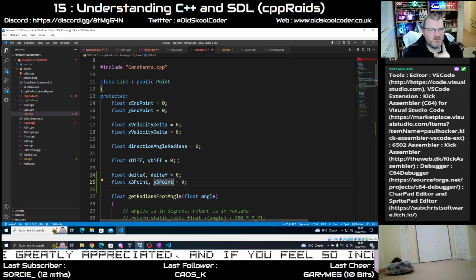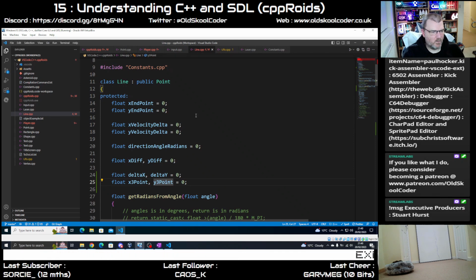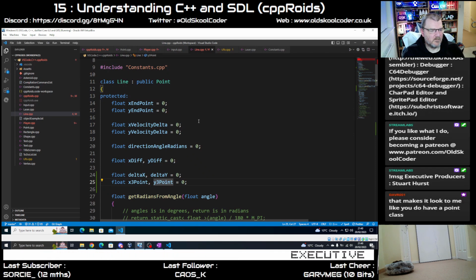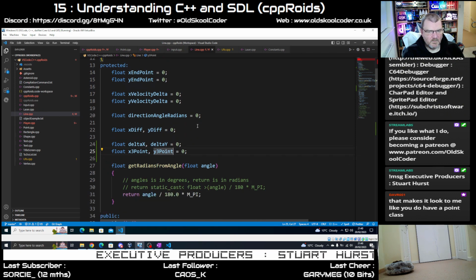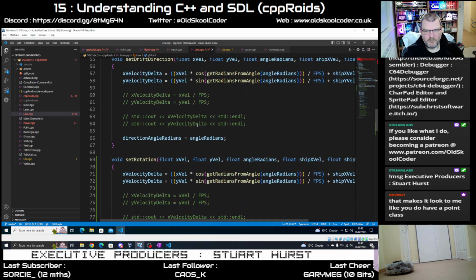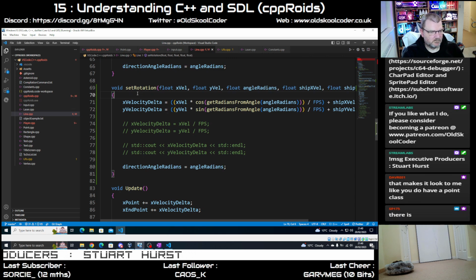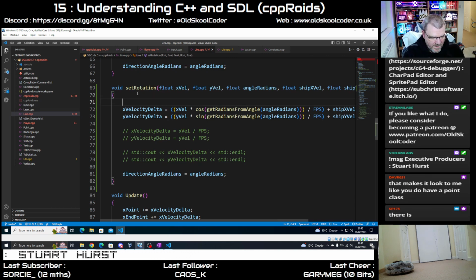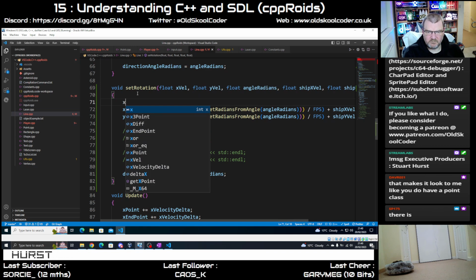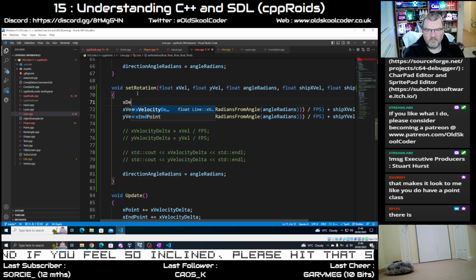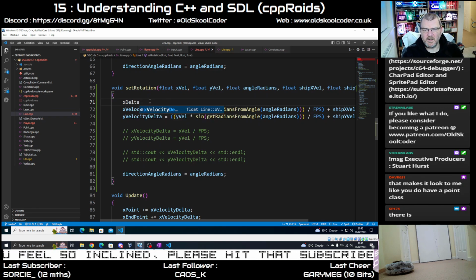Point is the center point. In the line, it's x1, y1. Right, so x delta... I'm sure I called it that.